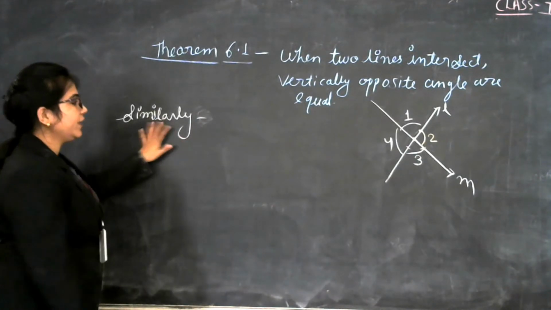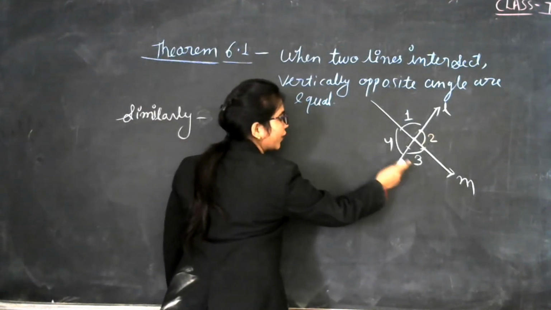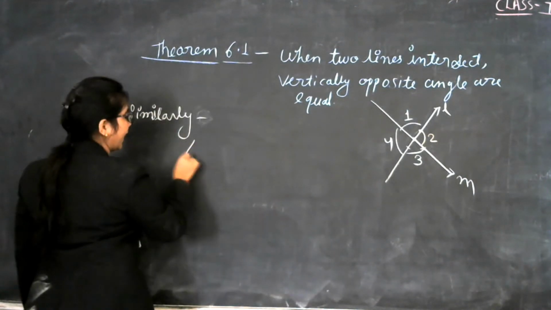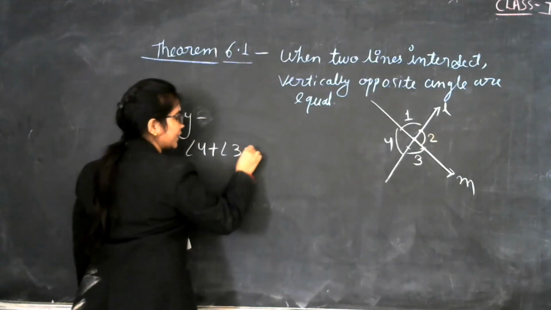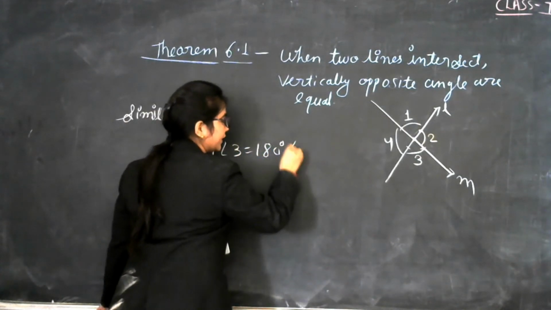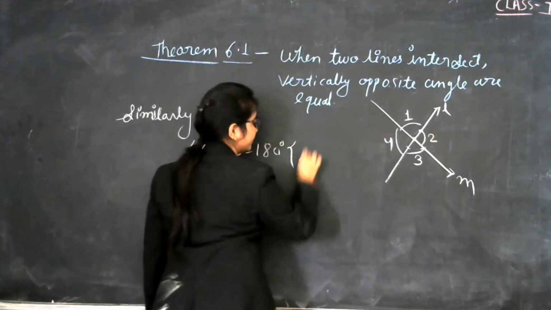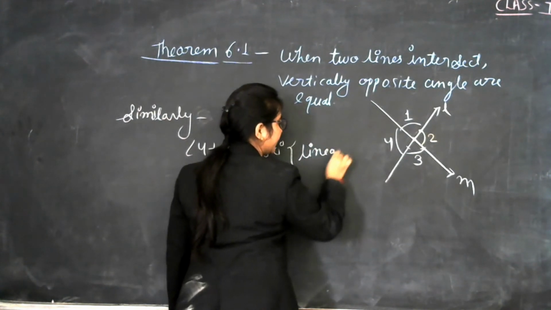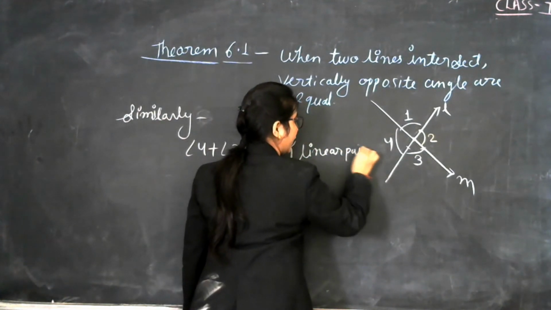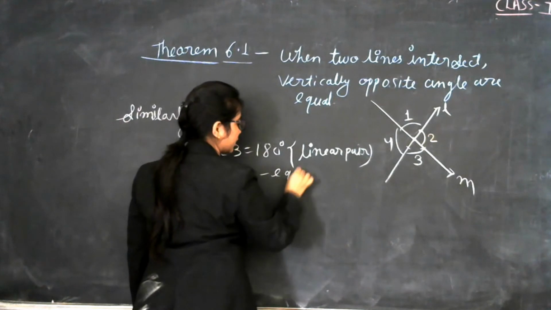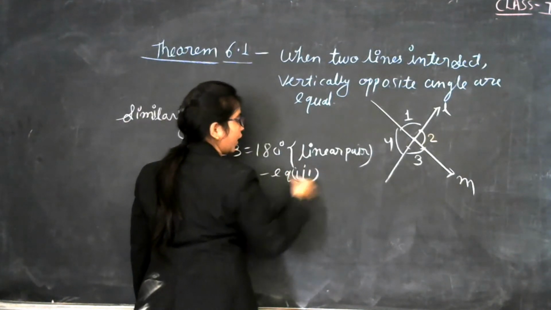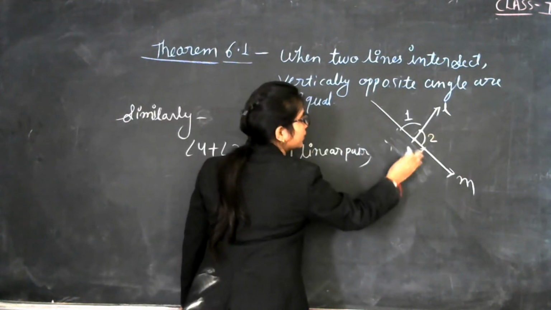Similarly, we take angle 4 and angle 3. Angle 4 plus angle 3 is equal to 180 degrees because it is a linear pair. So this is equation 3. Now remove this part.